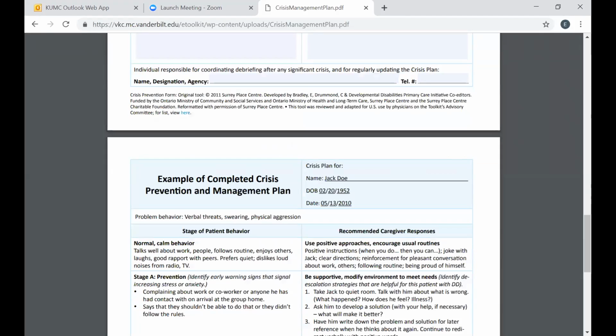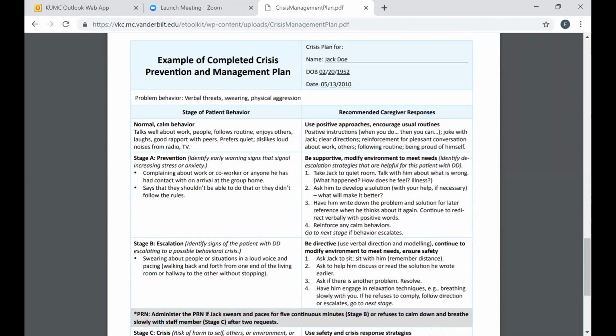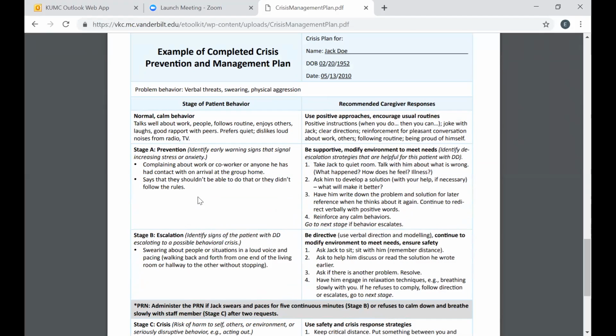Here's the example at the bottom. Normal calm behavior is talks well about work, people, follows routine. Identifying early signs: they start complaining about work or coworkers, say that they shouldn't be able to do that, or that they didn't follow the rules. So what do you do?